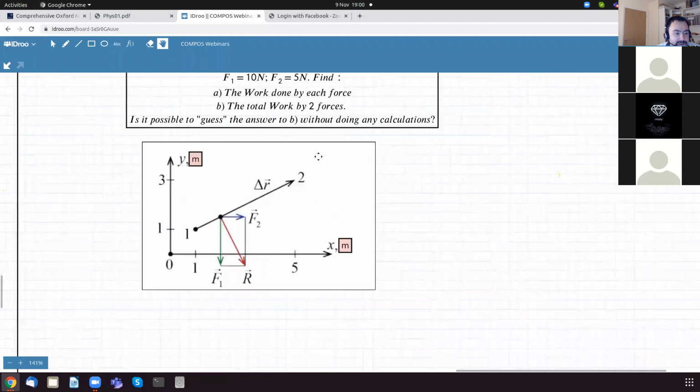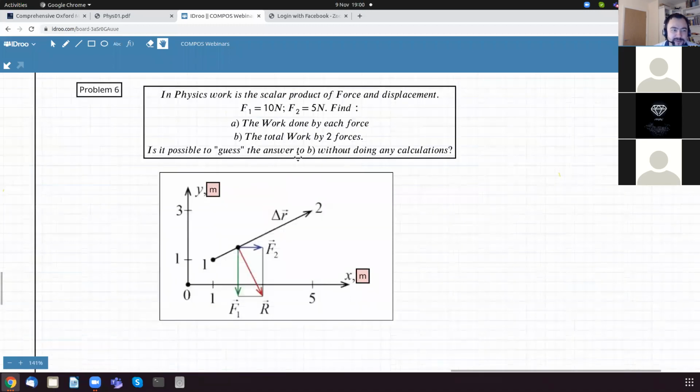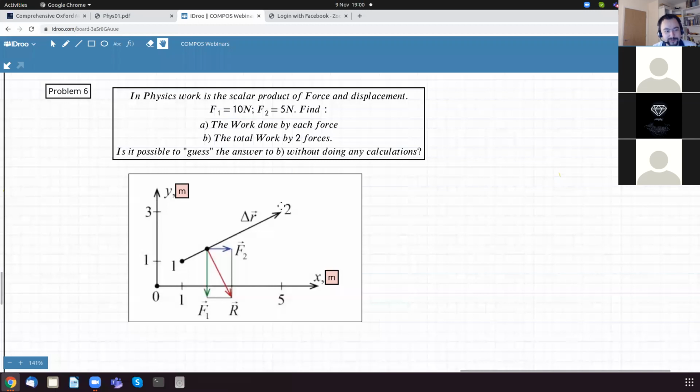Problem 6, and this is a very physics problem. Although you don't normally do problems like this in this fashion, I just wanted to show you the link. In physics, work is the scalar product of force and displacement. They don't usually tell you that work is force times displacement.